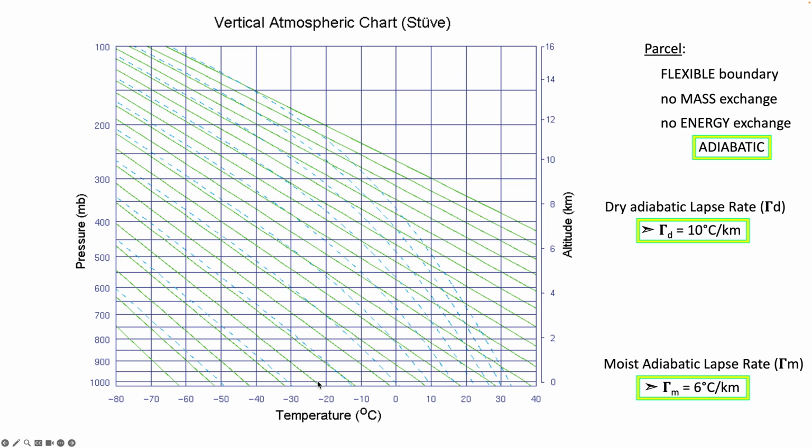So a dry adiabat basically will show you, as you start at the Earth's surface at a given temperature and go up through the atmosphere, what the temperature is going to be inside the parcel as we rise. So these green lines are dry adiabats. These are the rates at which dry air in a rising parcel cools.